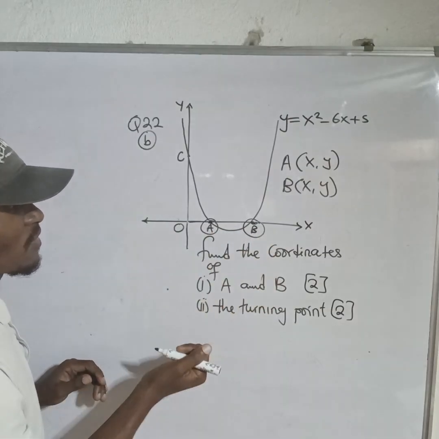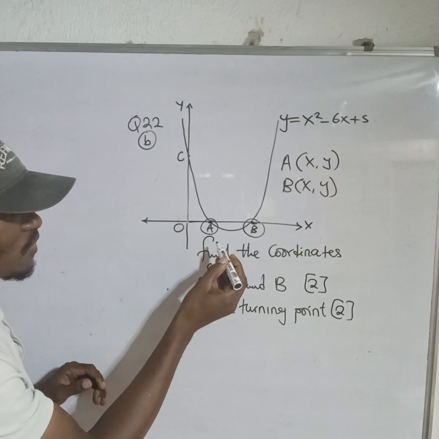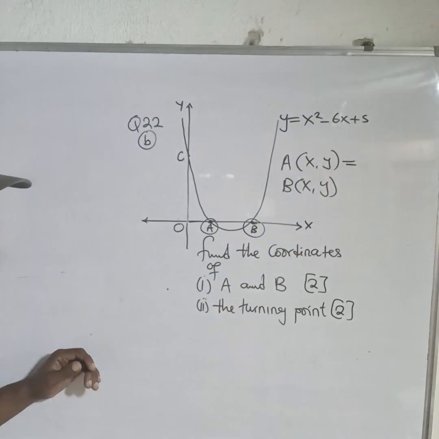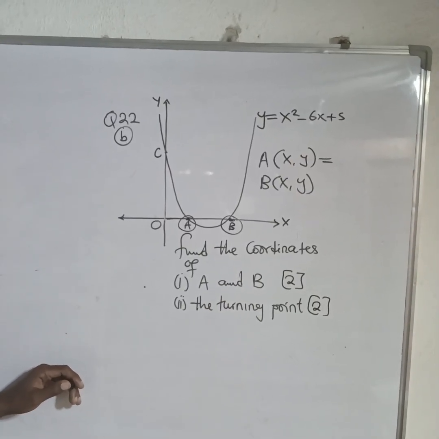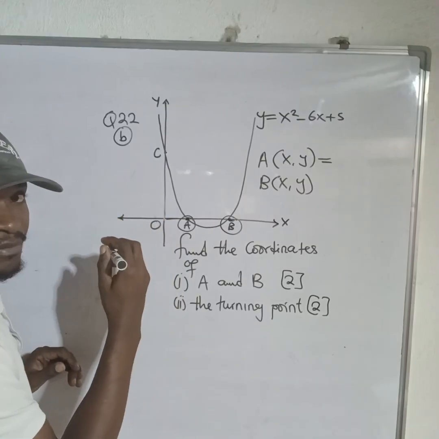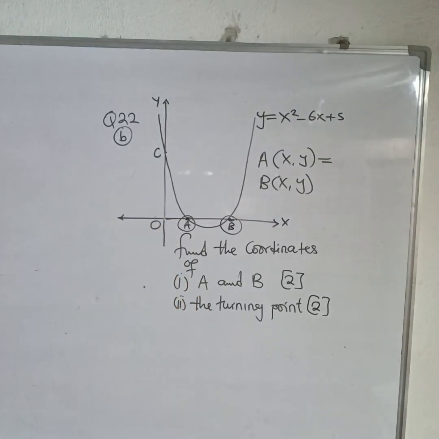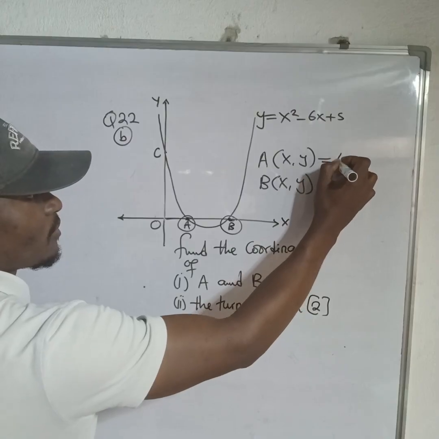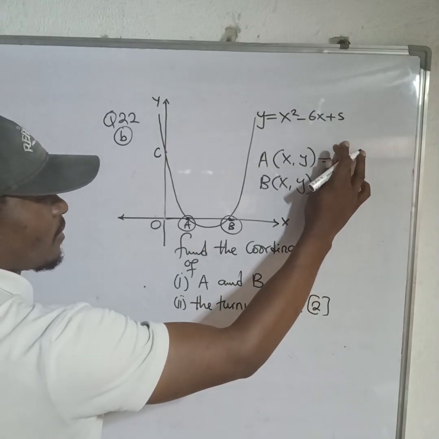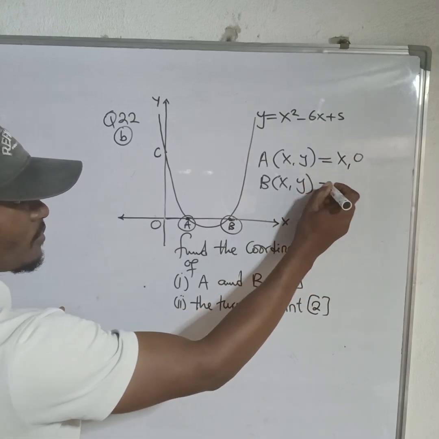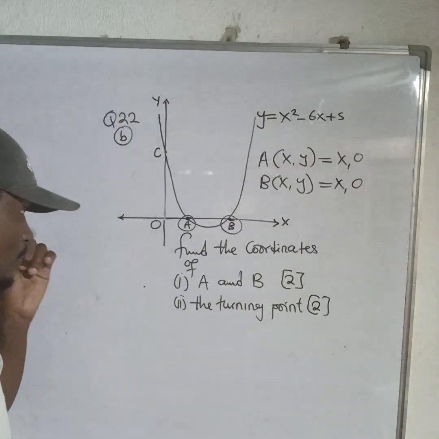On the x-axis, you are going to say that number, y is 0. So this is going to be x, 0, and also here x, 0.